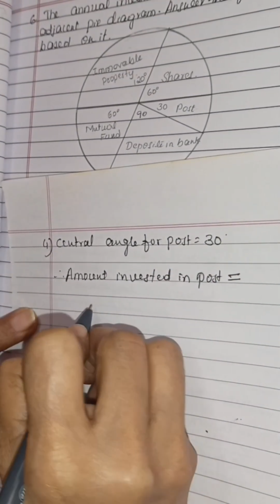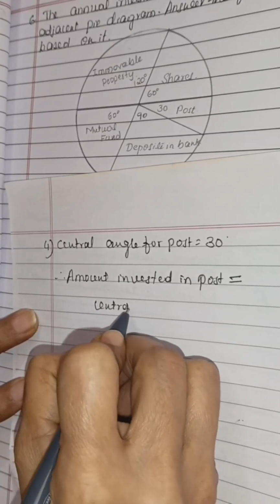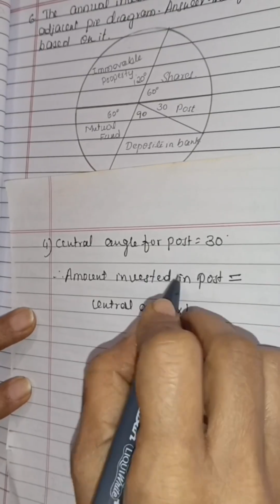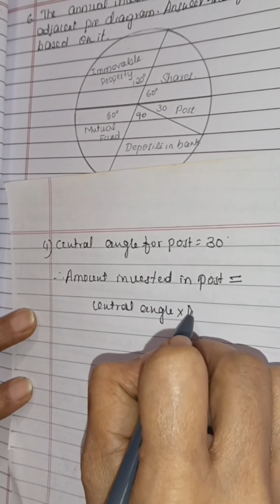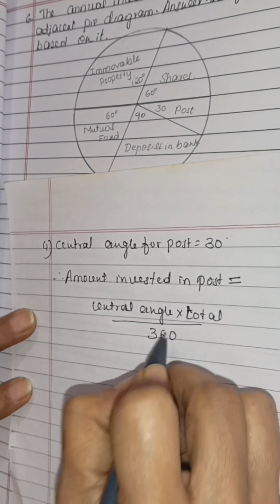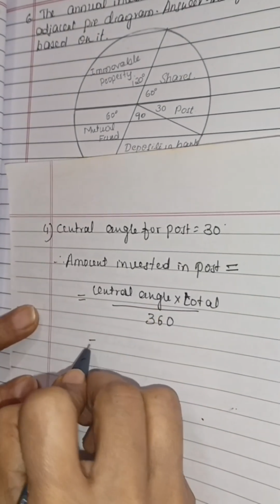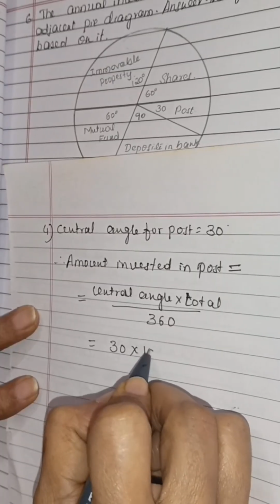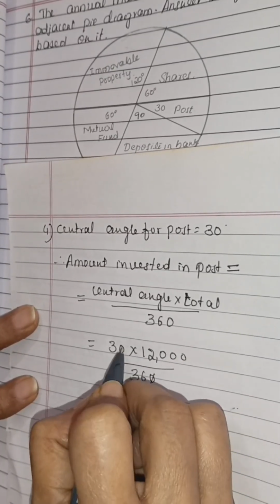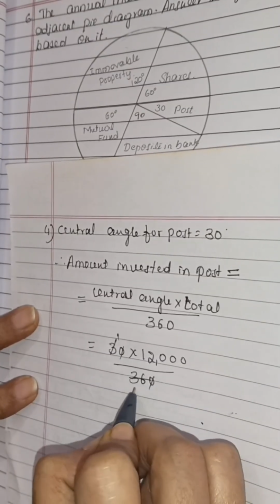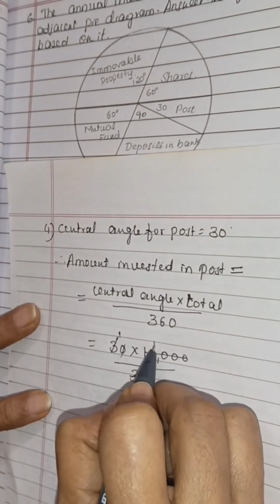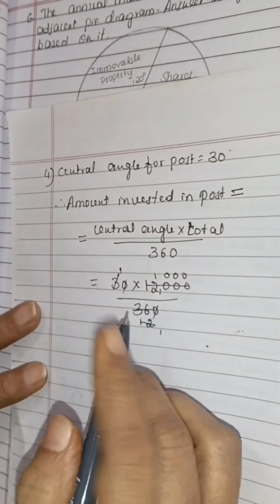is central angle for post multiplied by total, divided by 360. So the central angle is 30 multiplied by total 12,000, divided by 360. 0, this 0. 3 ones are 3, 3 twos are 6. Then here, 12 ones are 12, so the answer is 1,000.